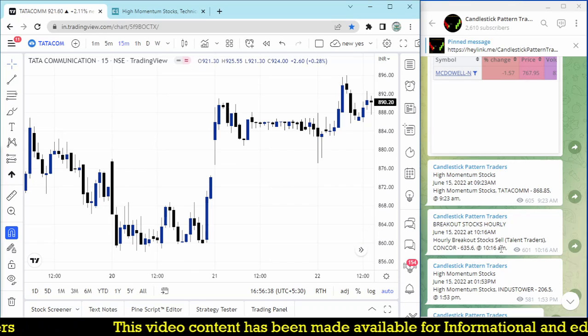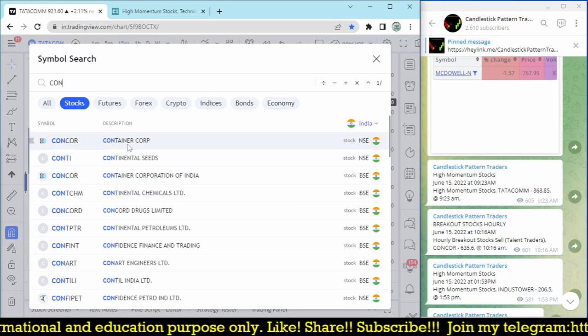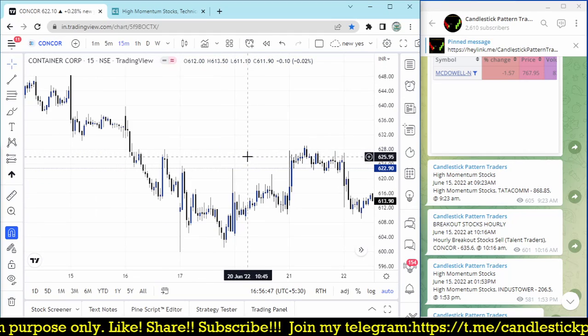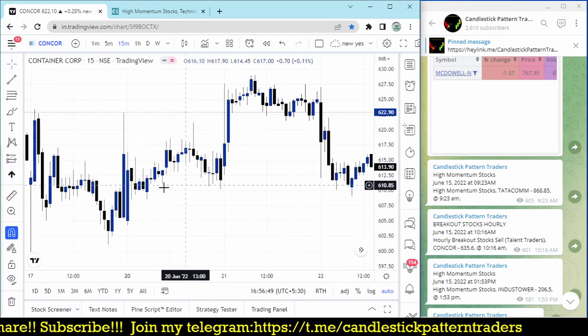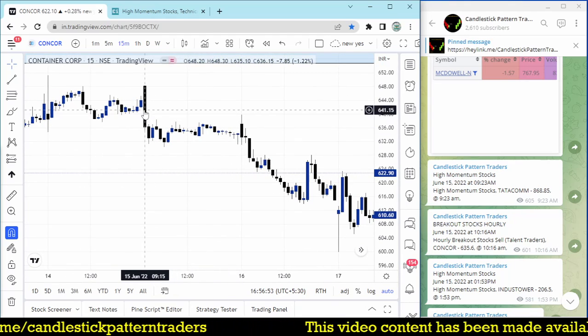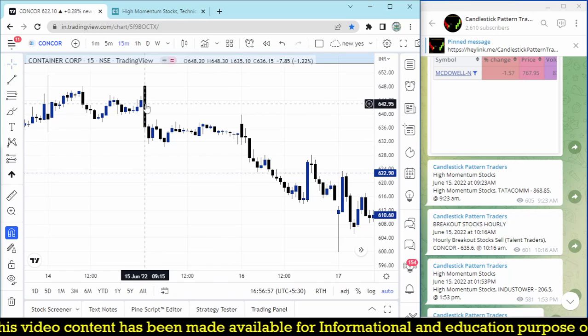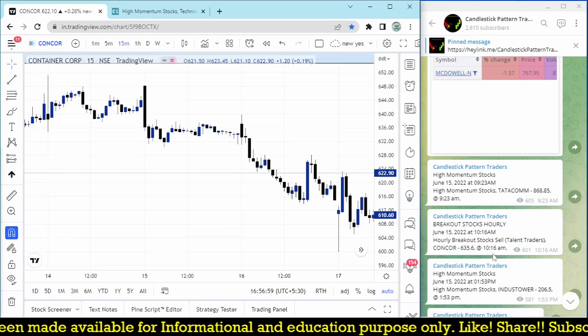The second stock we focused on is Concor, on the same day, the 15th at 9:16. This was the 16th here, and at 15th 9:15, but we got an opportunity at 10:15.